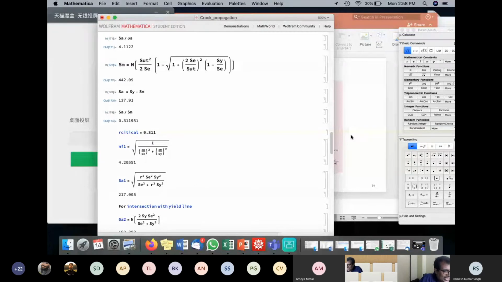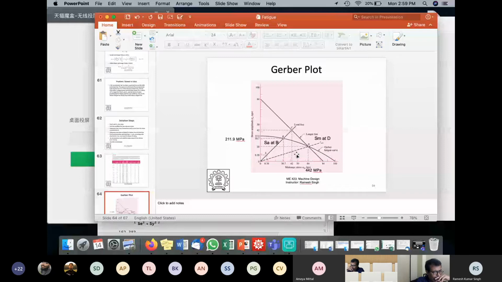So I know both things here. I know the first cycle yielding will happen at the D point, and the corresponding Sm is 442. Sa is 137, and the fatigue at that load line, at R, would be 211. So I have a factor of safety of 4.